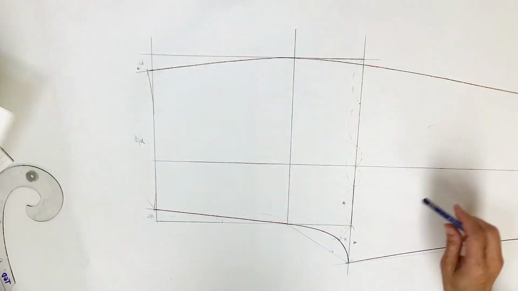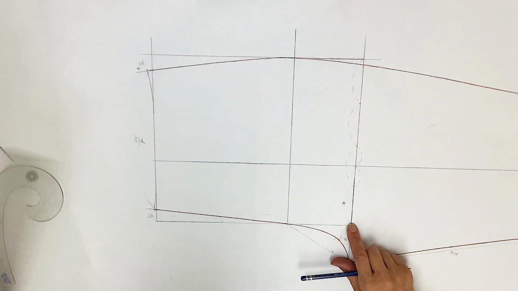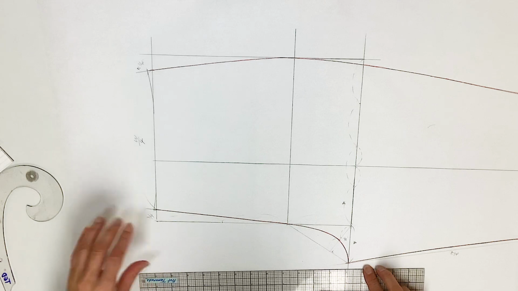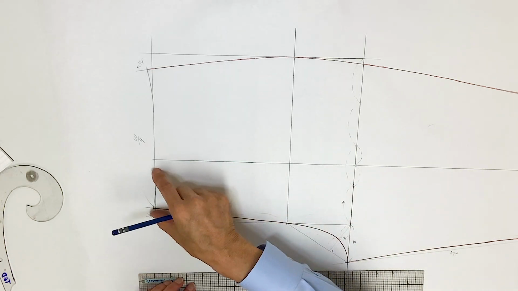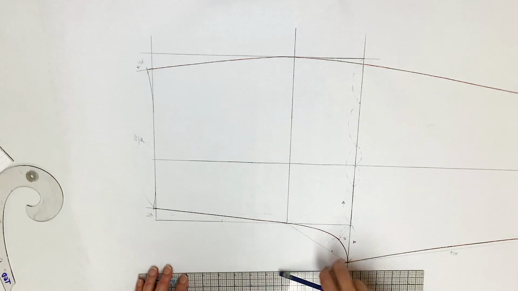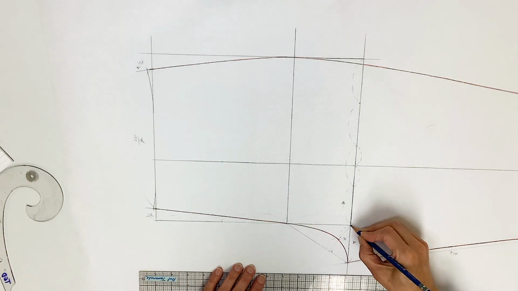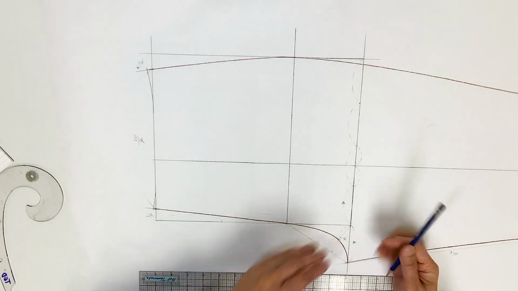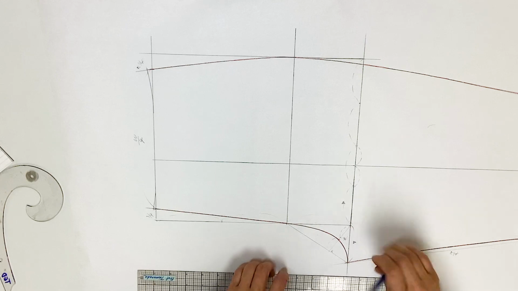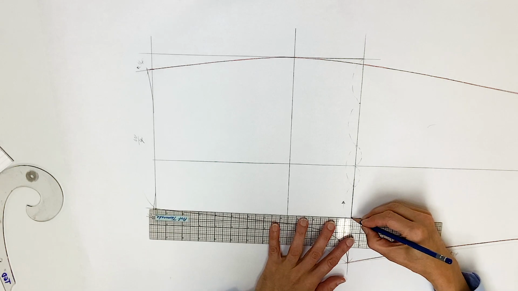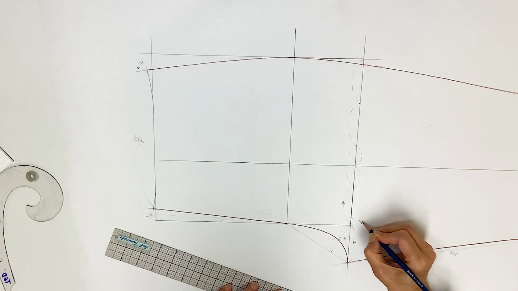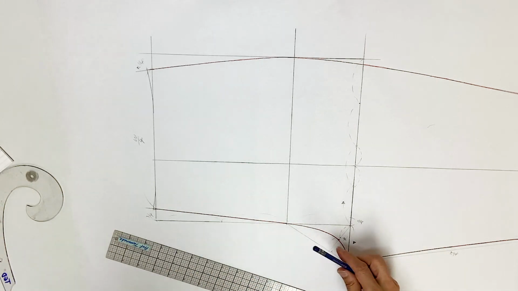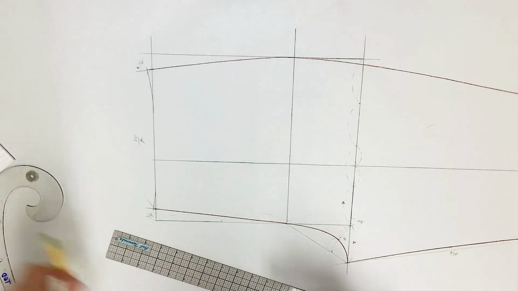For this particular pants, we're going to use this amount for the slanting. First you look at this point, the intersecting point, and mark half an inch toward the side. Half an inch, here.